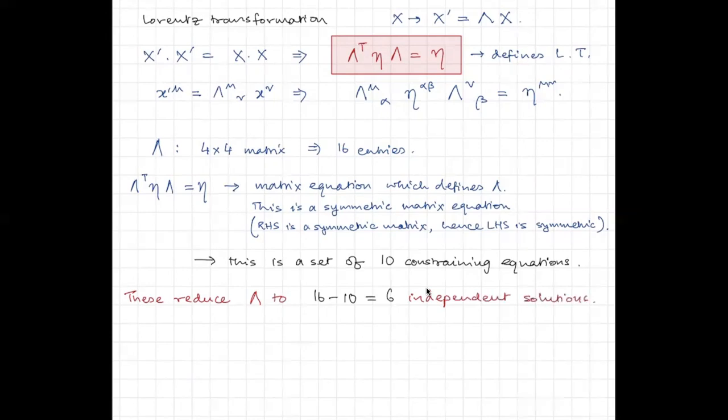So in 4 dimensions, Lorentz transformations have 6 independent solutions.